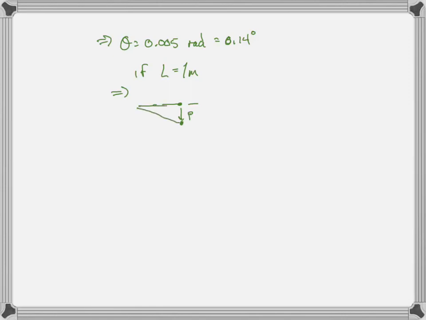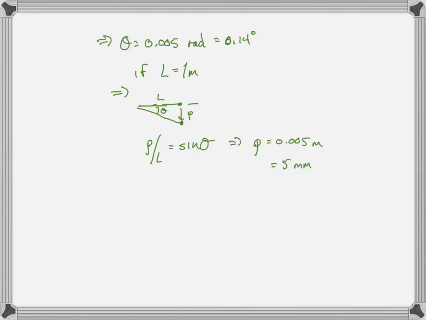We can figure out if this is L, this is theta, we can say that P over L equals sine theta. So therefore, P is L sine theta, which is 0.005 meters, or 5 millimeters. Definitely measurable. We can definitely measure the distance between the dots. 5 millimeters between the dots.